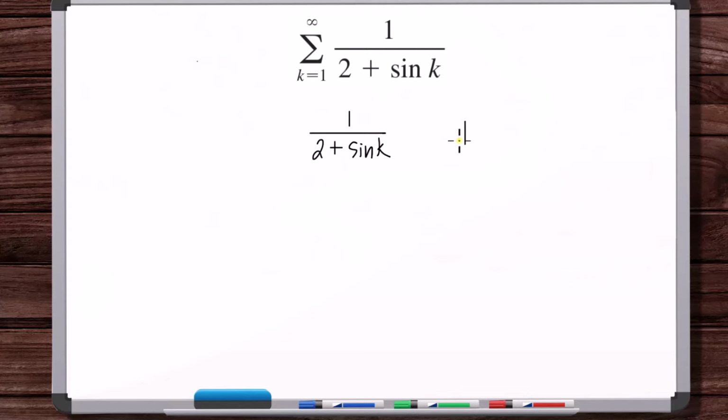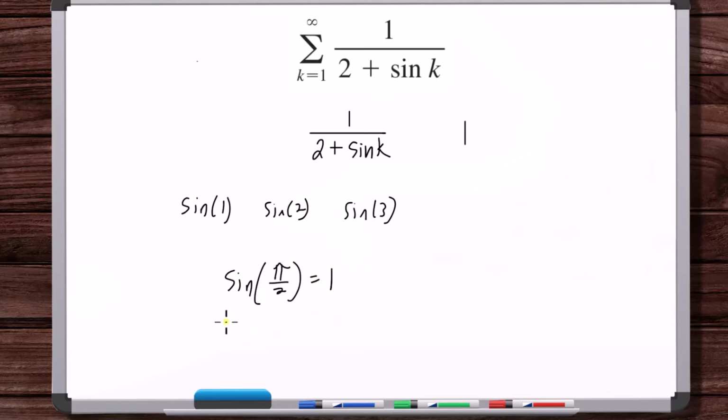This is going to oscillate between 1 and 3, but if you think about sine of 1, sine of 2, sine of 3, for sine to be -1 or 1, sine of pi over 2 is equal to 1, and sine of 3 pi over 2 is equal to -1.